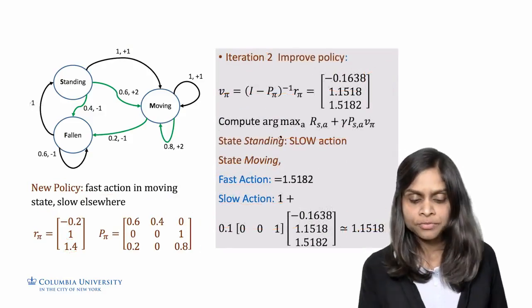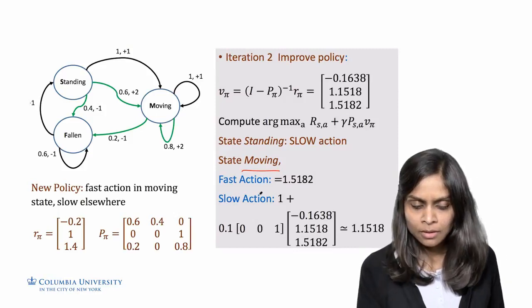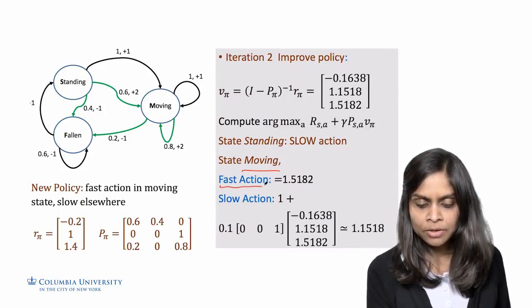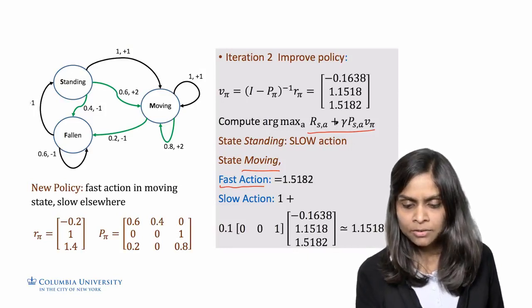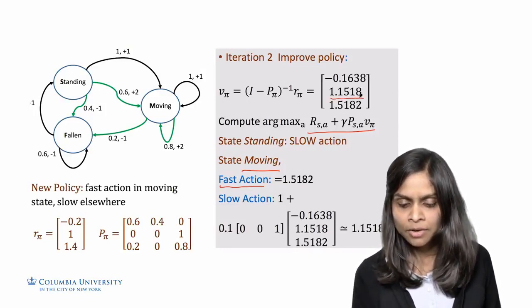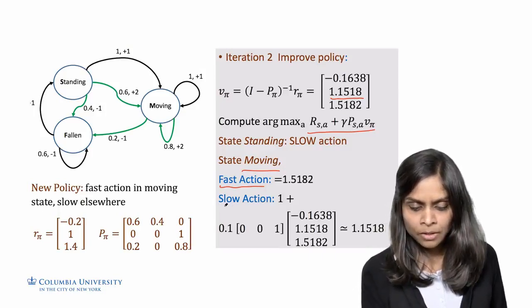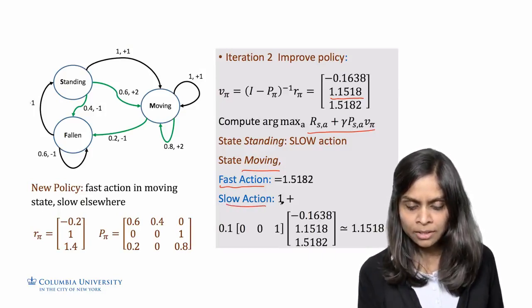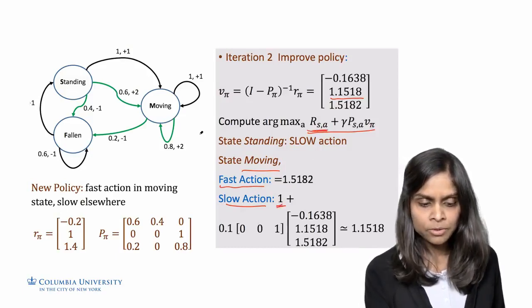Now we try to see if there is a better action for the moving state. First we evaluate this expression for fast action, and it will come out to be the same as the current value because we are taking the fast action right now in the current policy. We evaluate it for slow action then. The expected immediate reward is 1 for slow action.